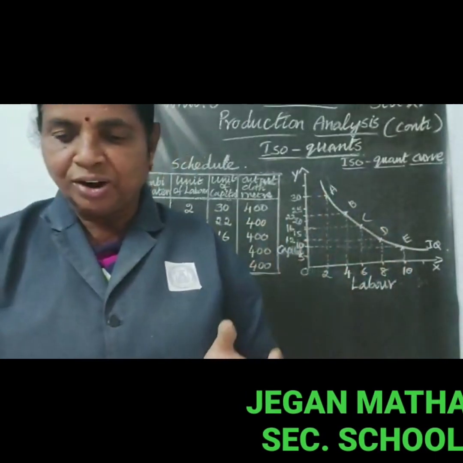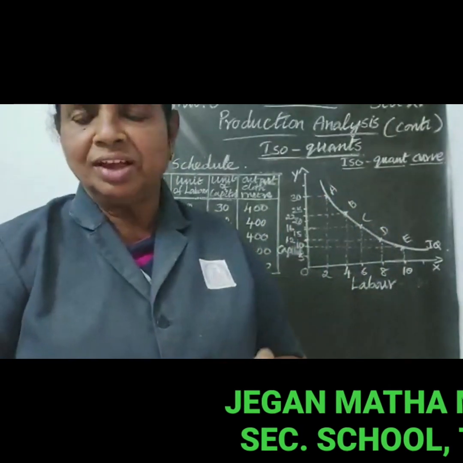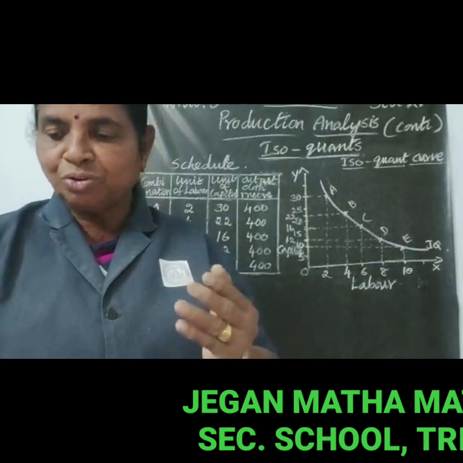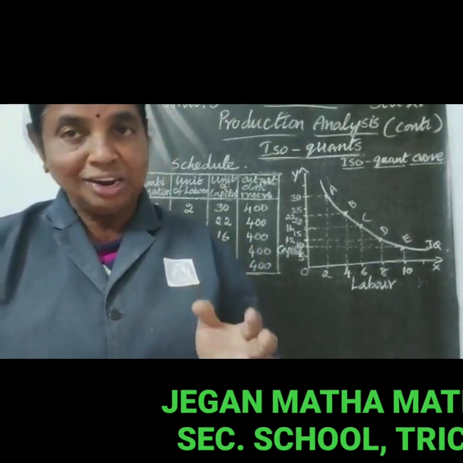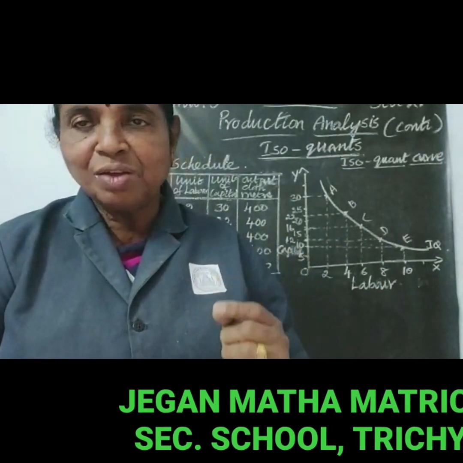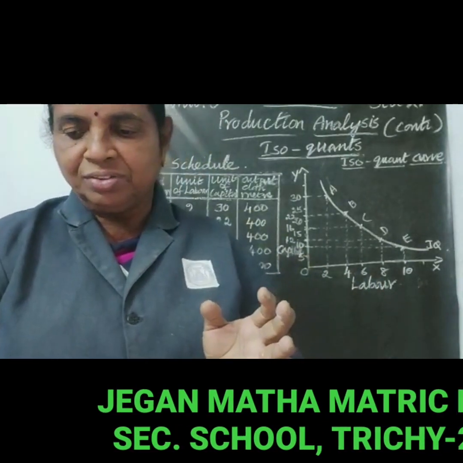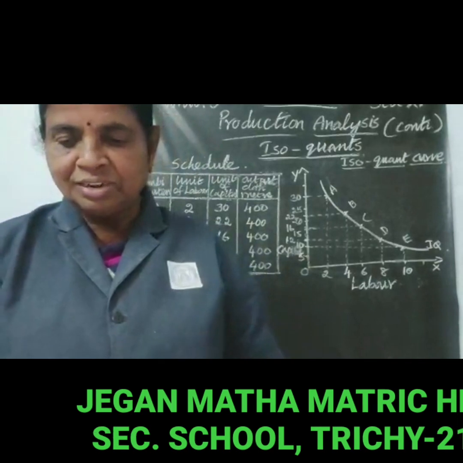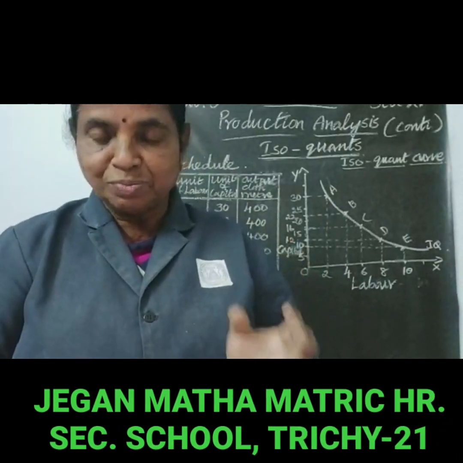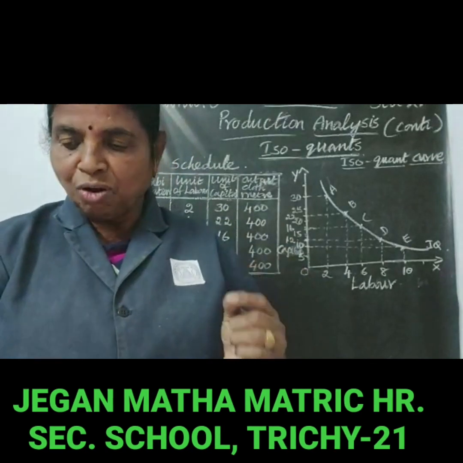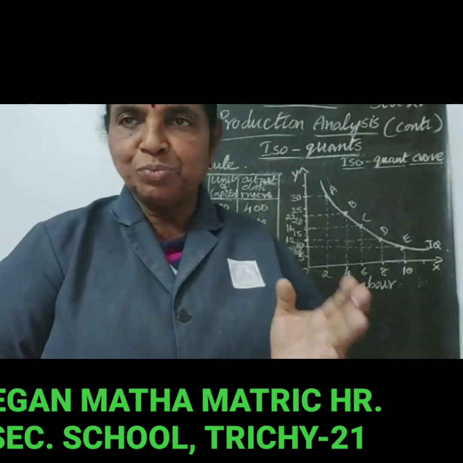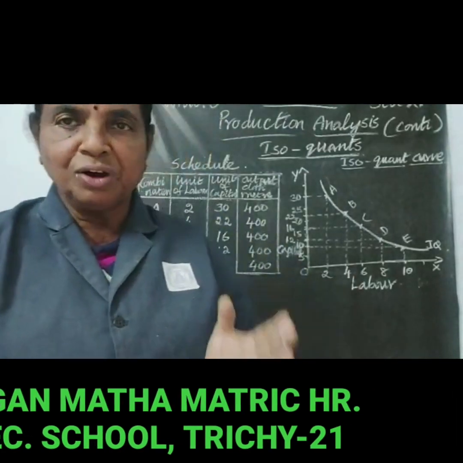An equal product curve represents all those combinations of two inputs which are capable of producing the same level of output.